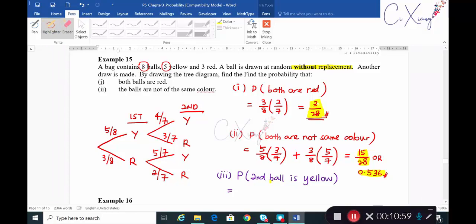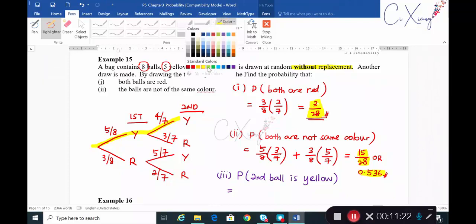So for this example, when they ask for the second ball being yellow, you need to start from the beginning again. Regardless of the color of the first ball, you need to focus on the pathways where the second ball is yellow. So this is the complete pathway that you should have for part number 3, and you have another pathway, this one.